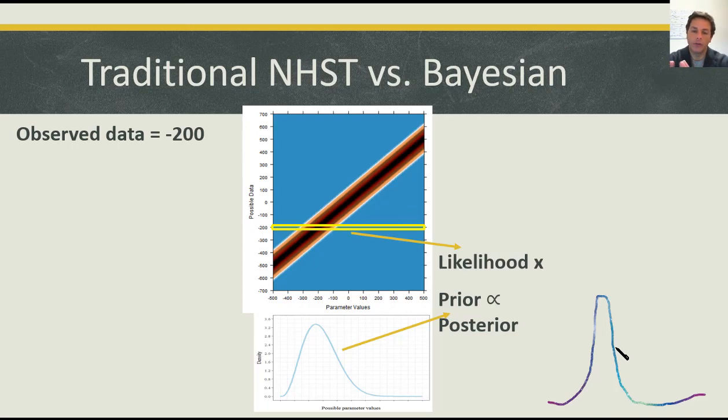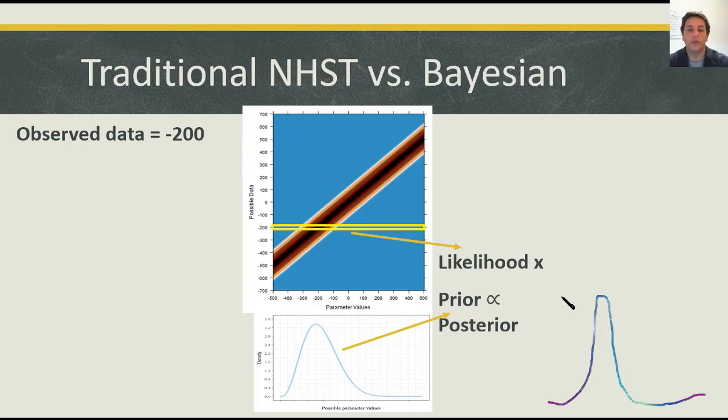So it's a much narrower distribution than before, because before observing the data, because of previous studies, we thought it was around negative 200, but we gave to values that are away from negative 200 some credence that they are possible. When we observe that in our data it is negative 200, now the values that are further away from negative 200 become even less likely than before, and values close to negative 200 become more and more probable. And that is the posterior distribution.